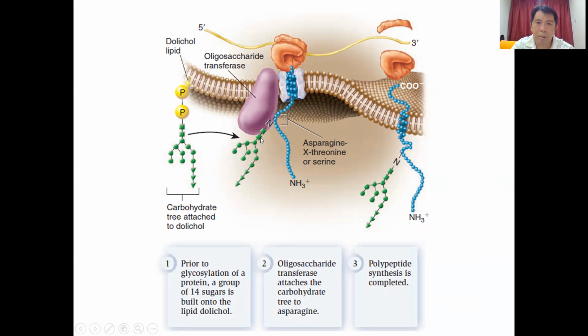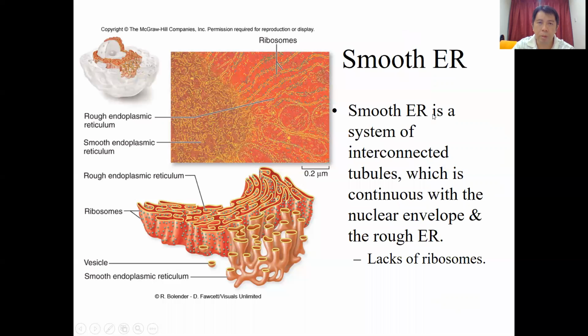Then glycosylation occurs. So this is a carbohydrate, or we call it oligosaccharides. They attach to the polypeptides to form the glycoproteins. Then later this polypeptide will fall into the three-dimensional structure. They will be part of the transport vesicle.